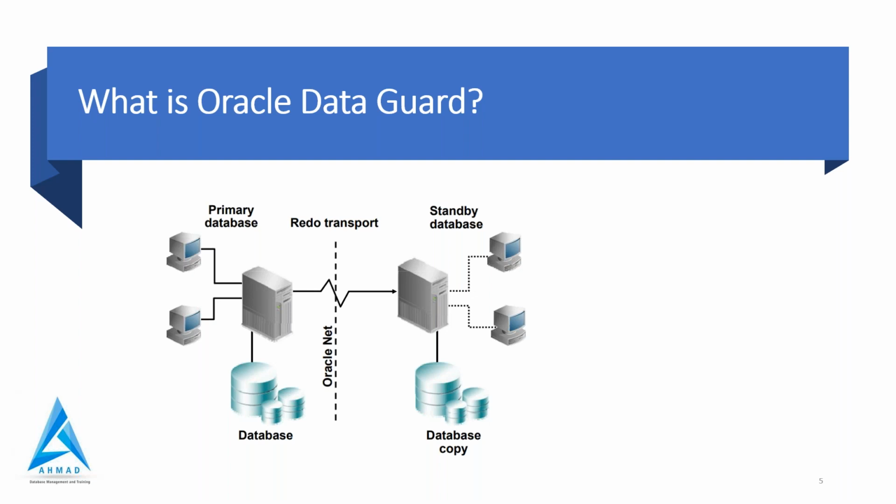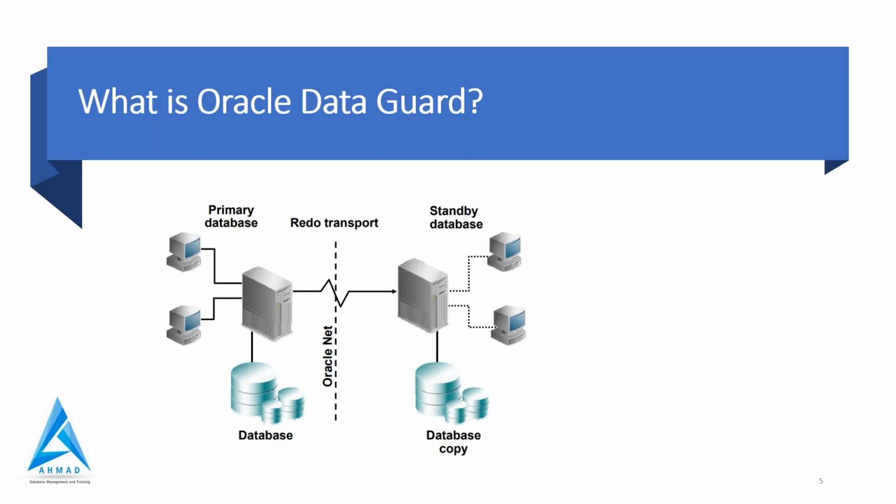It lets the DBA manage production easily. Suppose your production suddenly gets corrupted or crashes, you have Data Guard. By that you can do a failover from production to standby, and your standby can become production, and your client business will not stop for a longer period. So by this method you can provide the fastest availability to your client. That's why this is the main component of high availability solutions, right?